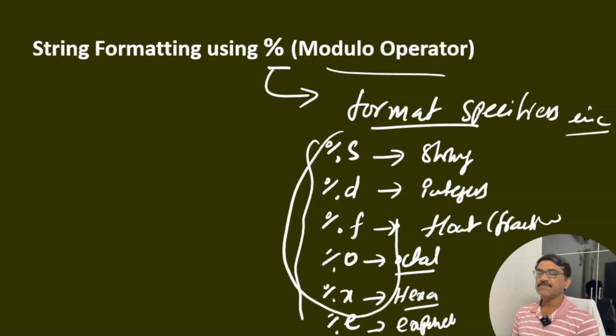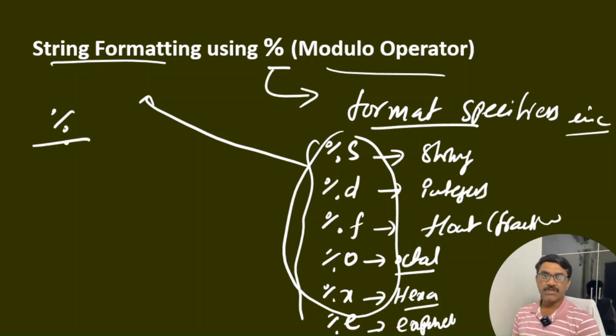The same format specifiers you can also use in Python for string formatting, and that is done with the help of this modulo operator, percentage. Please remember that in the definition we said that we are going to insert an external object. What do you mean by an object? The object is a variable belonging to a class, or we can say a class variable is called an object.